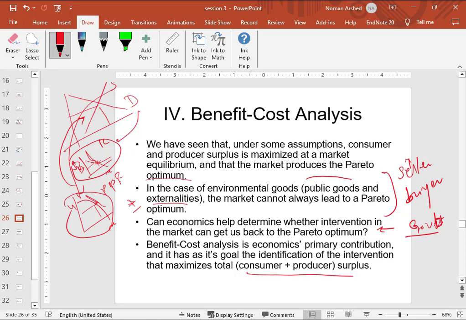So we can use this tool developed by economics. We call it BCA, benefit cost analysis, or sometimes CBA, cost benefit analysis, which can help us find the best intervention based upon its benefits or losses.